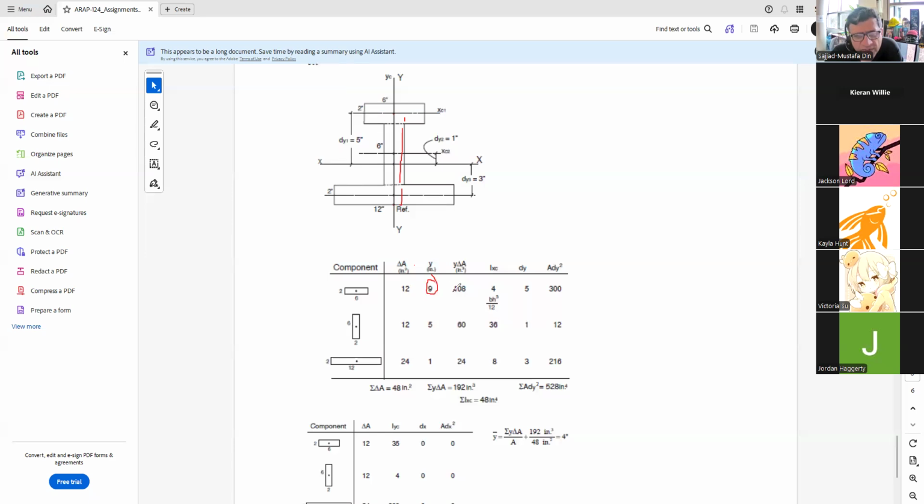Now, 12 times 9, 108, right? So we now want to determine Ix, the moment of inertia, or the moment of inertia Ixc.